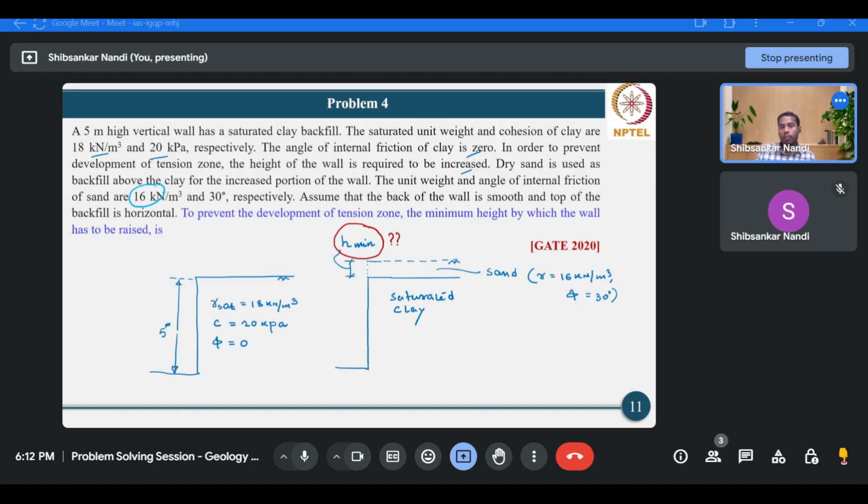Instead, the question is framed in a different fashion, that you have to calculate the minimum height by which the wall has to be raised so that there should not be any development of tension. So this is the trick for this problem.